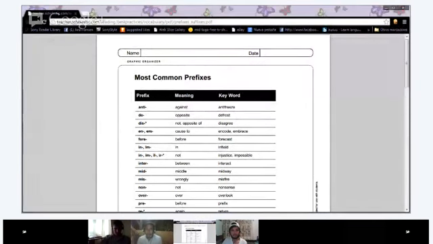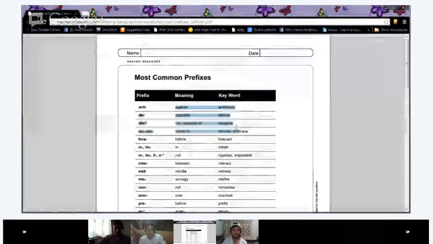Let's start off with Adelina. Let me have you read the first 4 prefixes there on that first page. Go ahead. Anti, de, dis, and em. Please read the meanings and the key words for those as well.